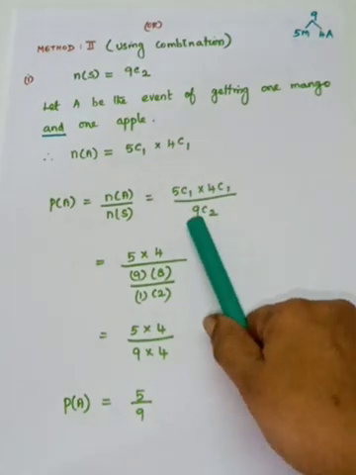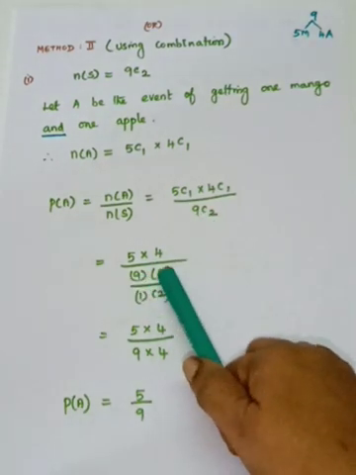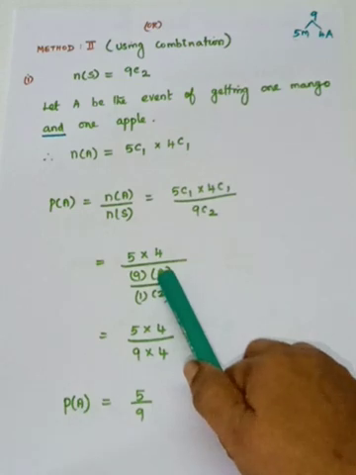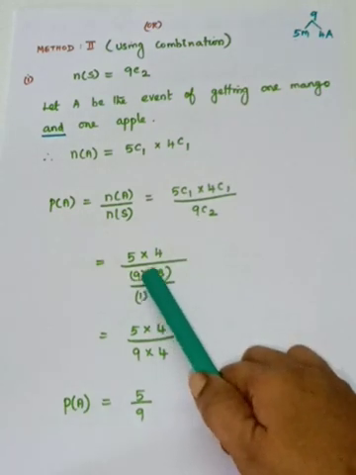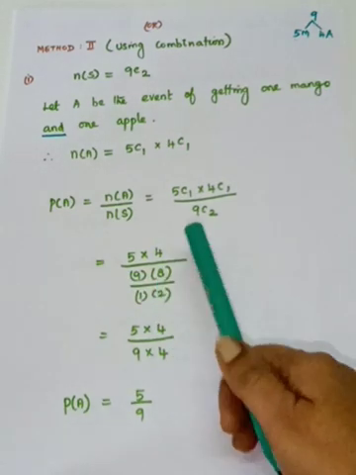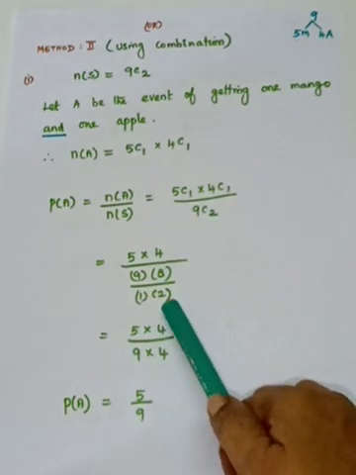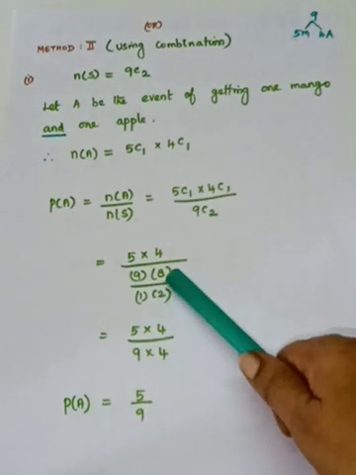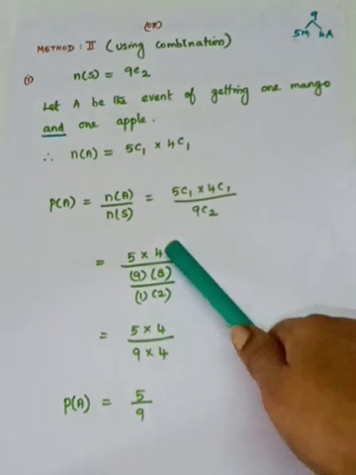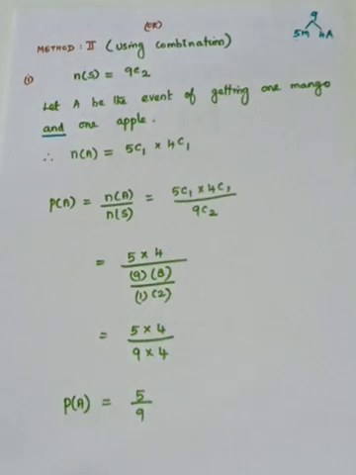Starting from 9, how many places do you have to write? 2 places, by reducing 1 from 9. So the first one is 9, the second one is 8, divided by 2 factorial. 2 factorial means 1 into 2. So the 2 and 8 get cancelled. Then here you will have 4, and this 4 and this 4 get cancelled. So the answer is 5 by 9.